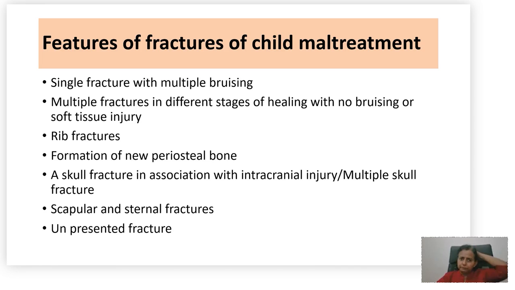So these are some of the fractures that you have to think of when you're considering child maltreatment, especially along the lines of physical abuse. A single fracture with multiple bruising, multiple fractures of different ages, and sometimes no bruising or soft tissue injury, rib fractures, formation of new periosteal bone, skull fracture in association with intracranial injury or multiple skull fractures, scapula and sternal fracture.